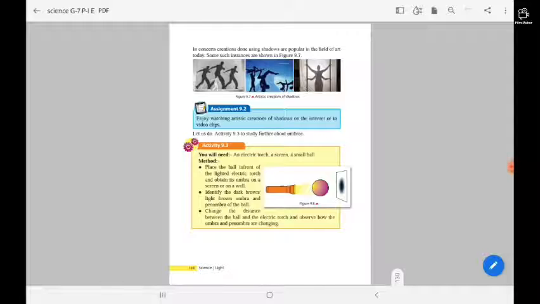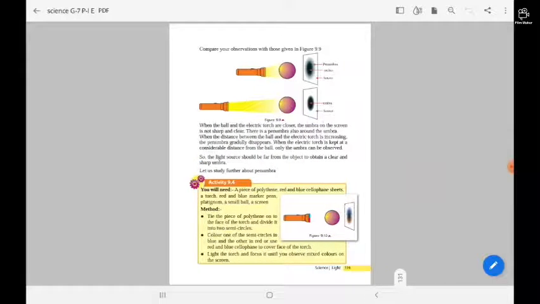Change the distance between the ball and the electric torch and observe how the umbra and penumbra are changing. Compare your observations with those given in figure 9.9. So here you have to learn that when the torch gets far, the penumbra gets dissolved.